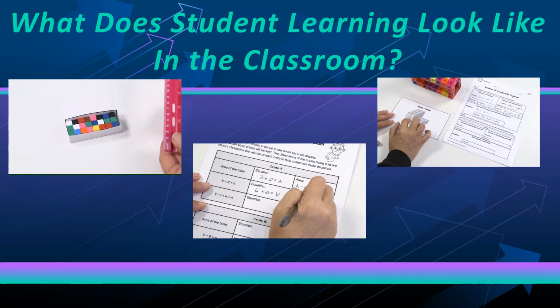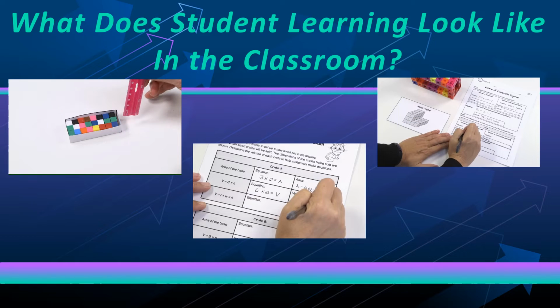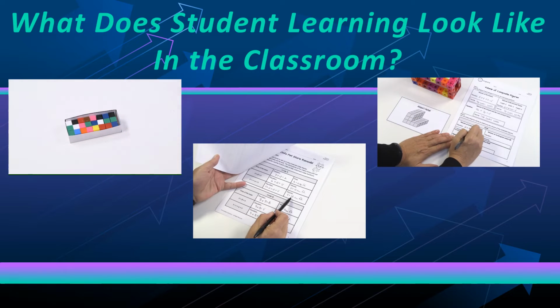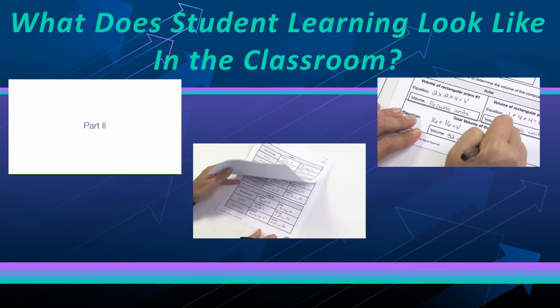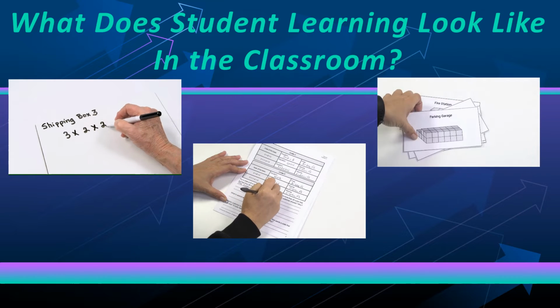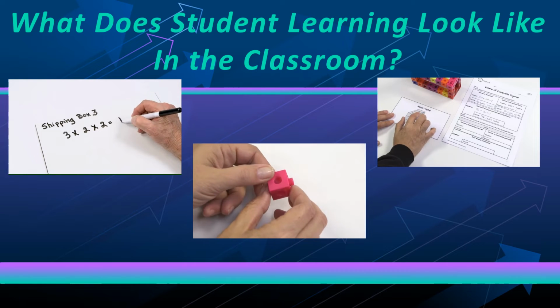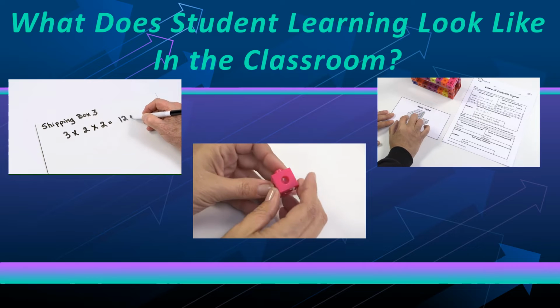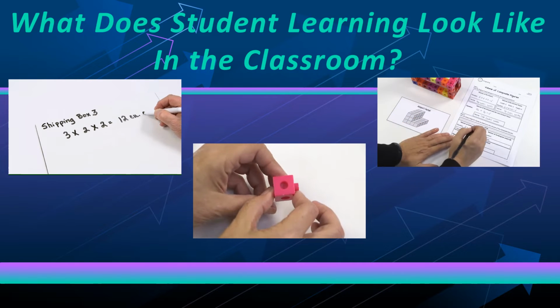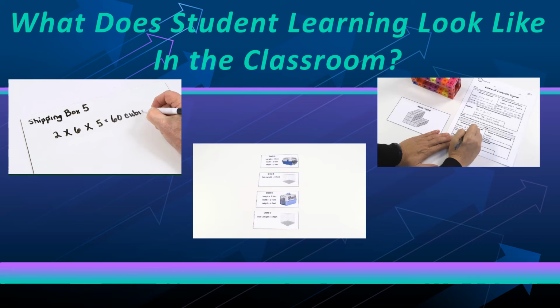Students should reason that the volume is the number of cubes needed to fill a solid figure without gaps or overlaps. As students develop their understanding of volume, they recognize that volume is measured in cubic units and represented by an exponent 3.